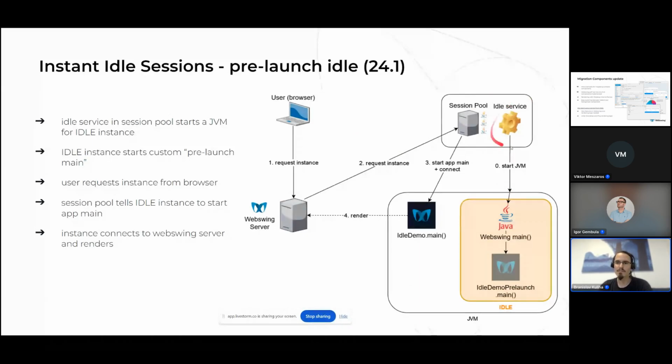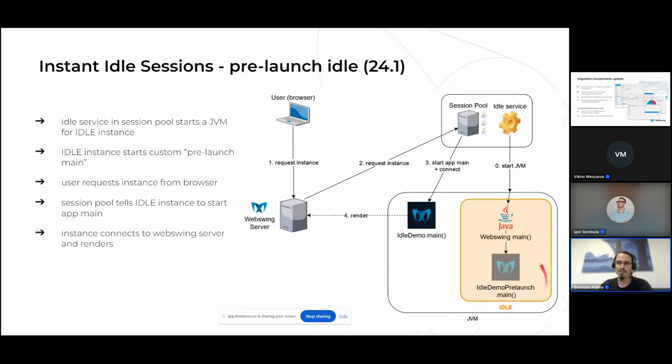So here the idle service starts the JVM, and when it starts our Webswing main and the bootstrapping stuff, it also starts another class or main class which we configure. So this is user specific or client specific class, and we call it idle demo pre-launch.